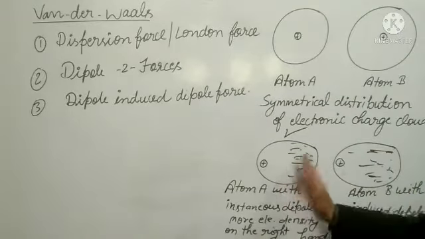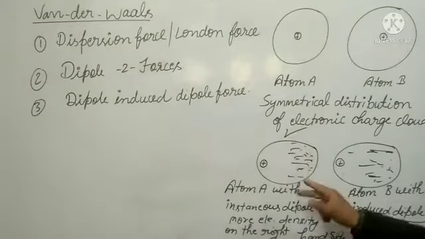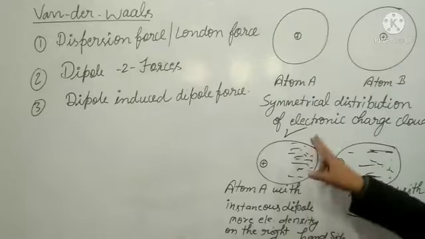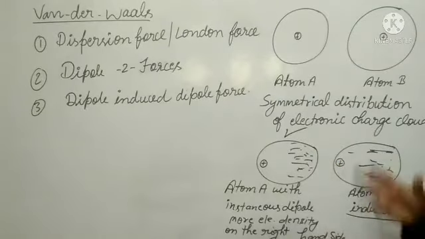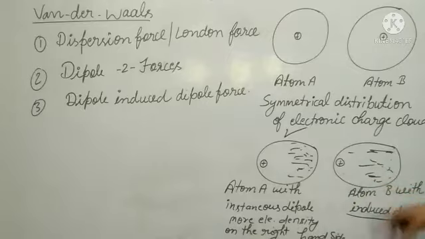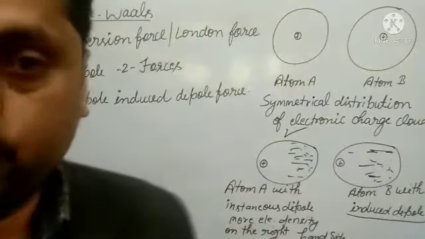So when electron and positive charge move to opposite sides, and the electron density is more on the right side, it attracts the nucleus, the positive charge of the other atom, and it induces a dipole in this, and this is known as induced dipole. Okay students?